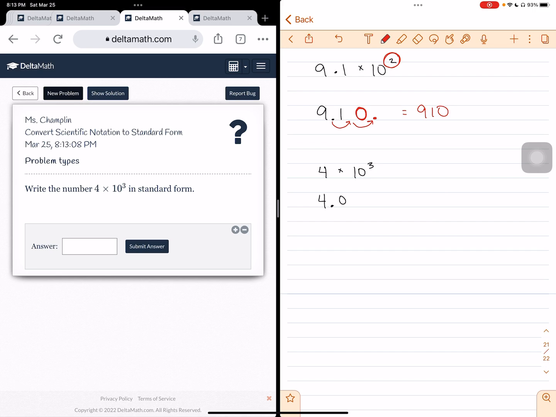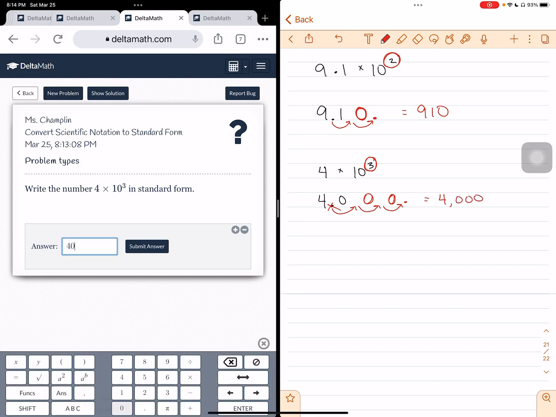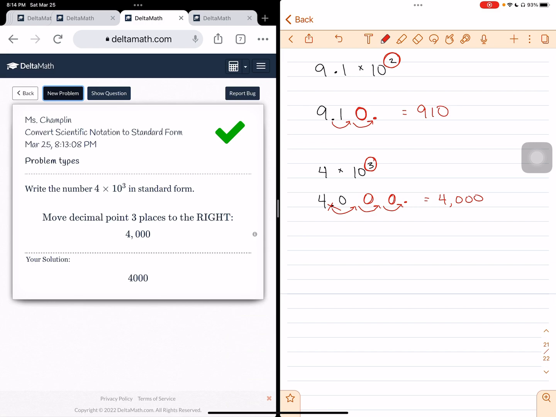And this 3 is telling me to move the decimal 3 times to the right because it's a positive 3. So 3 jumps to the right. So now it's not here anymore. It's over at the end, so my number is now 4,000. This is just a way to learn to write really big or really, really small numbers.